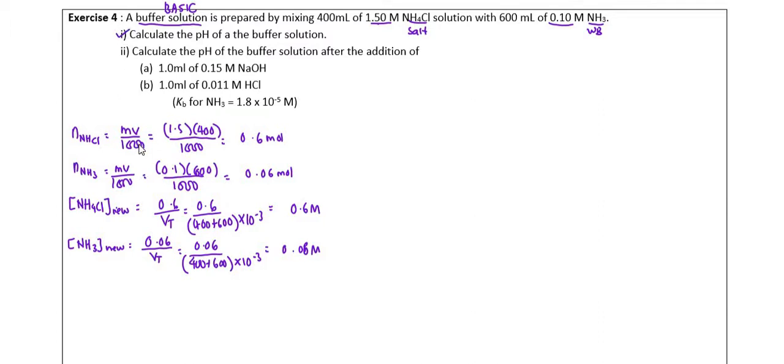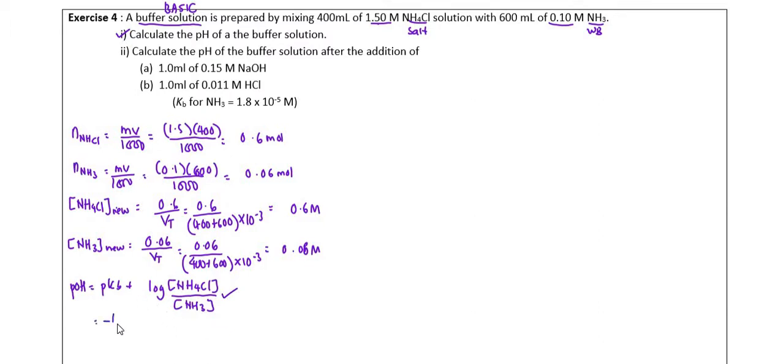After you get the new molarity for salt and base, then you proceed to calculate the pH of the buffer, which is a basic buffer, using the Henderson-Hasselbalch equation. pOH equals pKb plus log concentration of salt over concentration of weak base. Must use this formula.